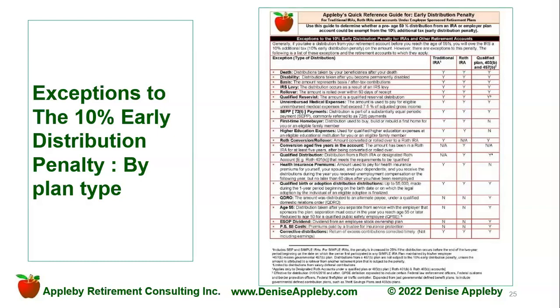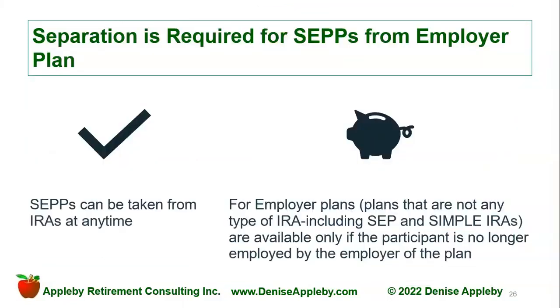So an item to add to your checklist is to check to see the type of account that your client has. And if your client is having a conversation about moving those assets to another type of retirement account, we need to find out, will the client lose the qualification for an exception by moving those assets to the different type of account?